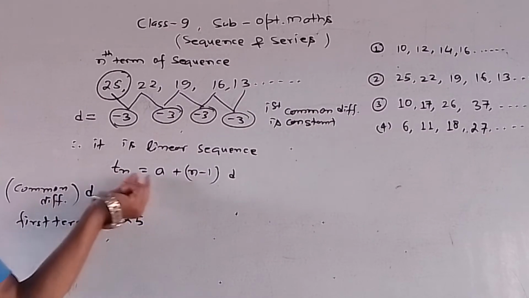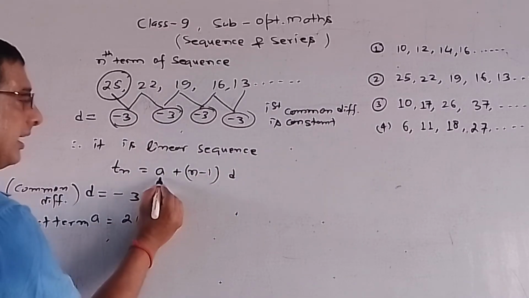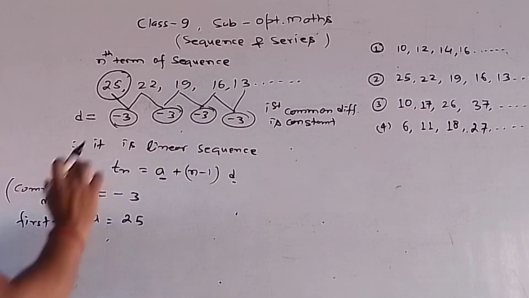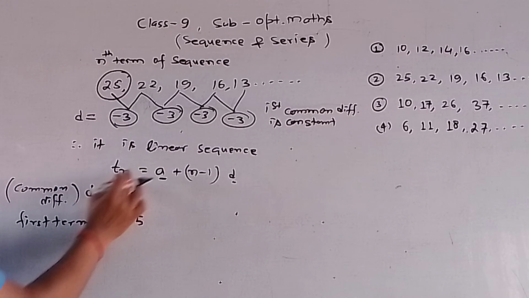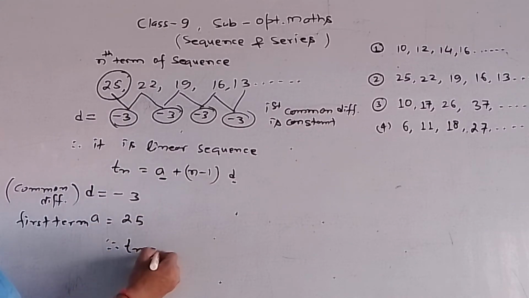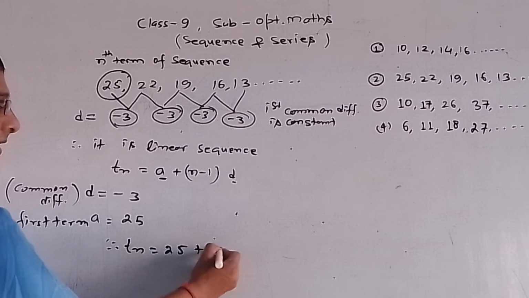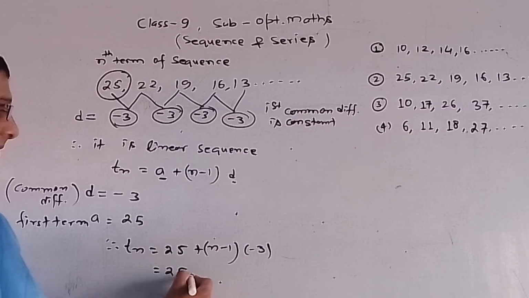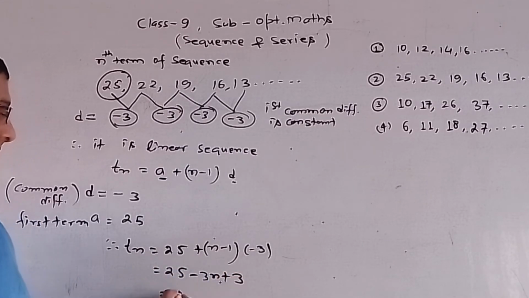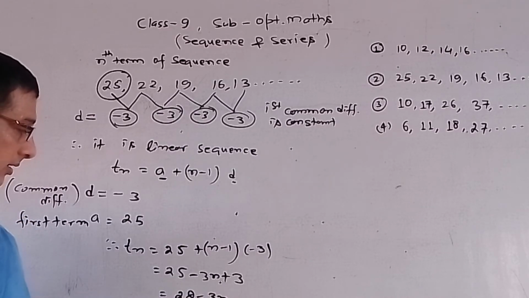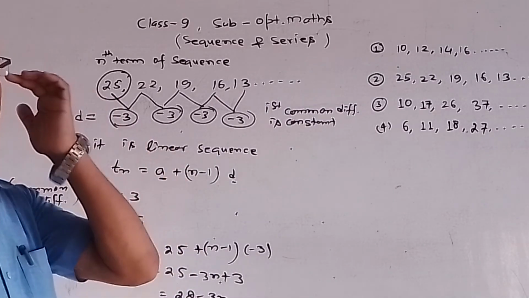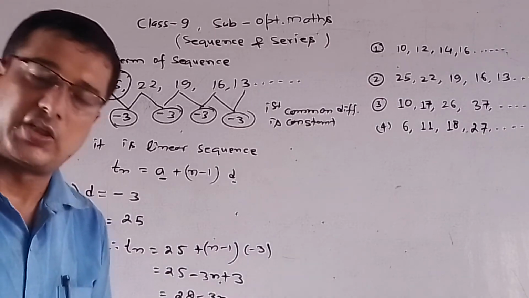So in the formula, a is the first term and d is the common difference. Putting the values of a and d: Tn is equal to 25 plus n minus 1 into minus 3, which is 25 minus 3n plus 3, equal to 28 minus 3n. Therefore Tn is equal to 28 minus 3n. This is the process to find the nth term of a linear sequence.